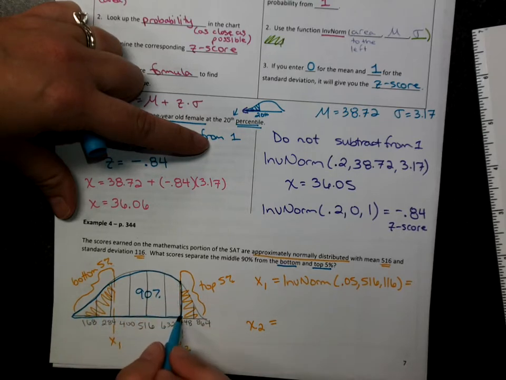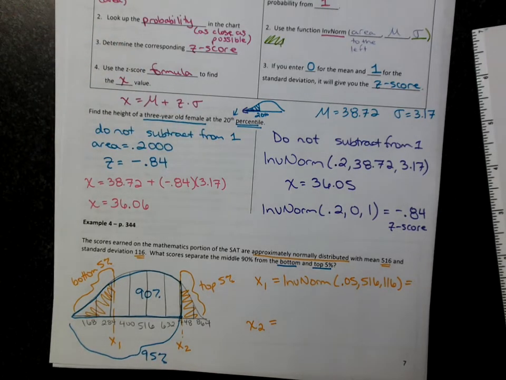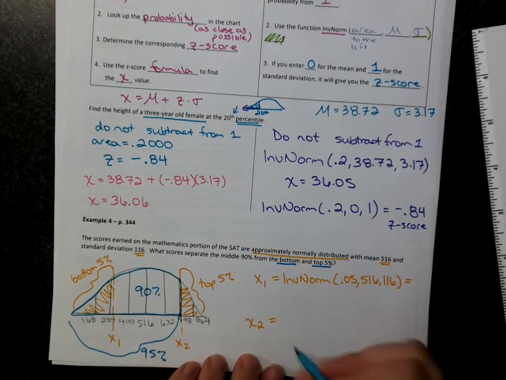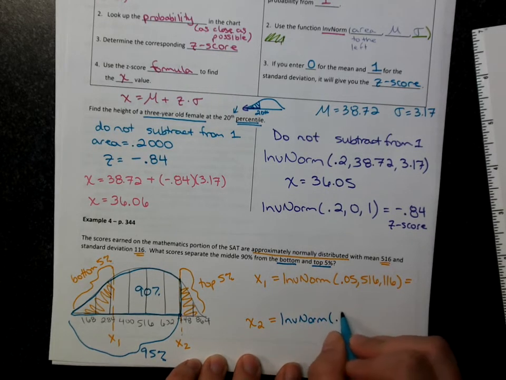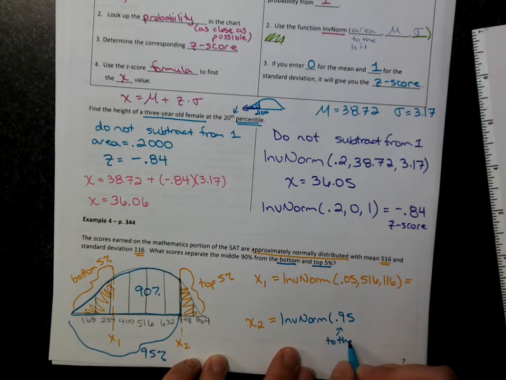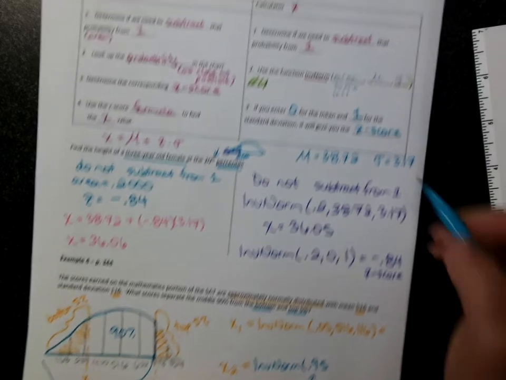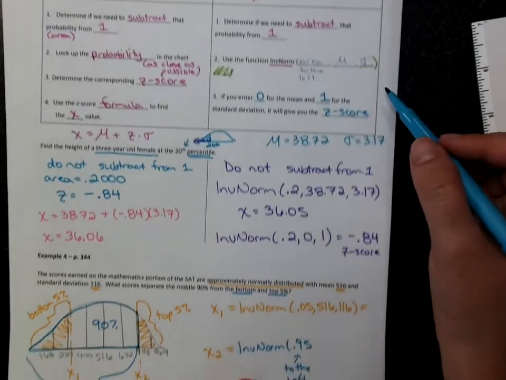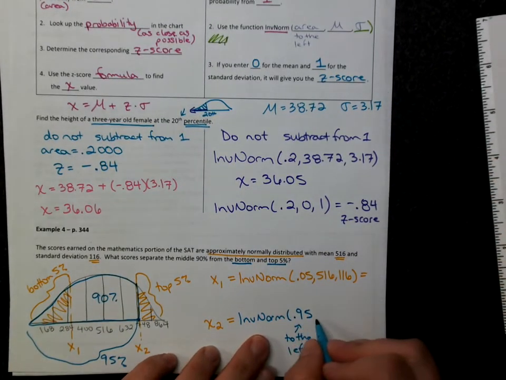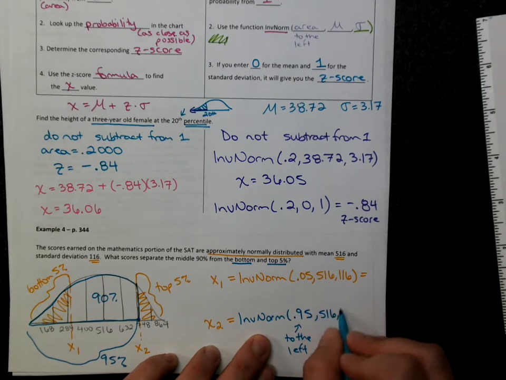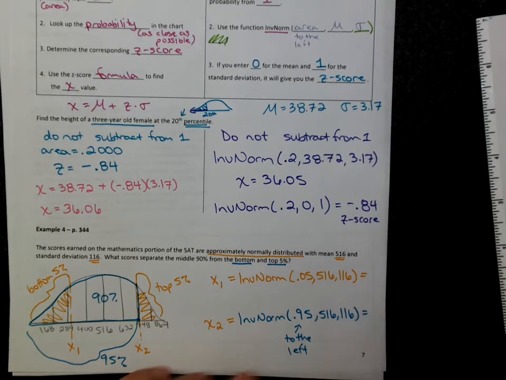So all together, this represents 95% of the data. Because we're talking about the top 5%, I have to do inverse normal of 0.95 because it has to be to the left. This is an example of when I have to subtract from 1 because I'm looking at the greater than side of the curve. So I have to put in 0.95, 516, and 116.